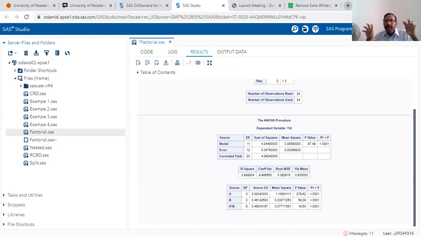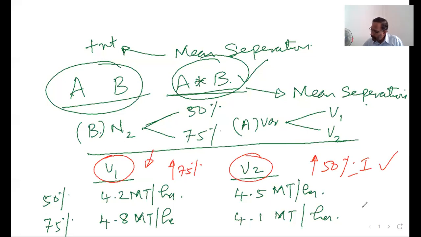Different varieties respond differently to the nitrogen level. Okay. So therefore, we want to do the mean separation, as I pointed out earlier. Right? We did already by showing this.